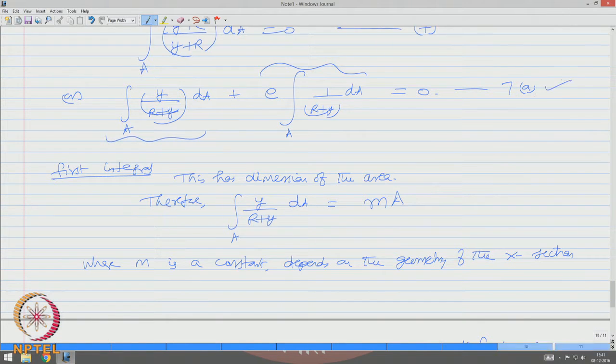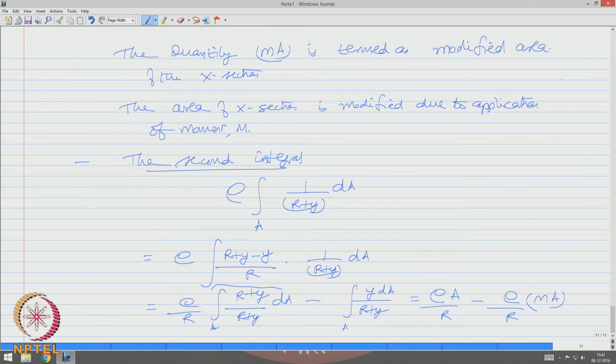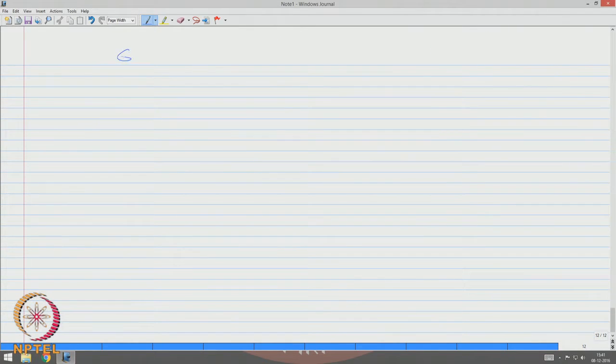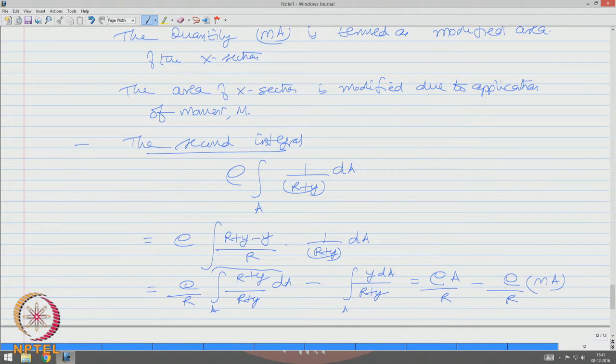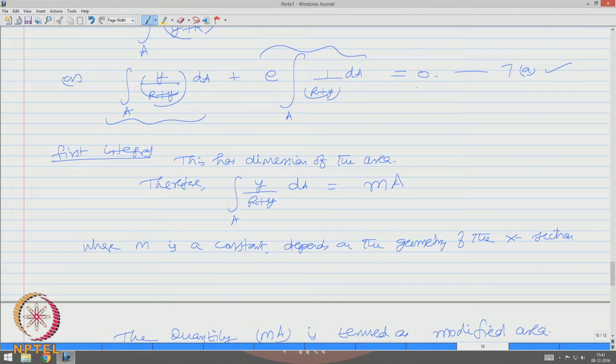So, let us look at equation 7a. We have evaluated both the integrals. So, now equation 7a can be rewritten as mA plus eA by r minus e mA by r, which is set to 0.